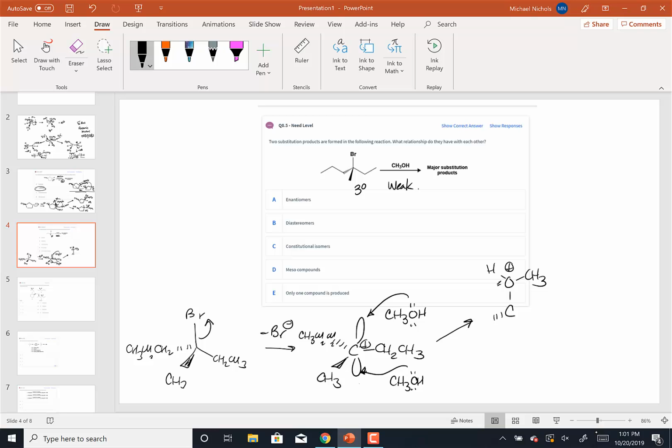Then the propyl group, and I'm just going to abbreviate this as prop, with my CH3 and with my ethyl group, I'm going to end up with that molecule.